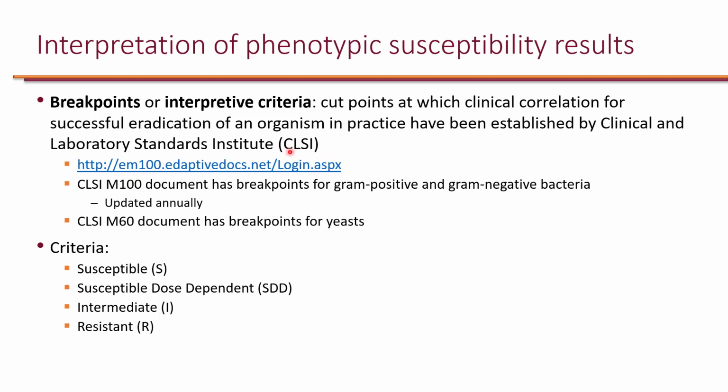Essentially, for a given organism, for each antibiotic, they will tell you at what MIC cutoffs it will be considered susceptible, intermediate, resistant, and for some of these there will be a susceptible dose dependent, meaning that it would be susceptible as long as you give a certain amount of antibiotic.